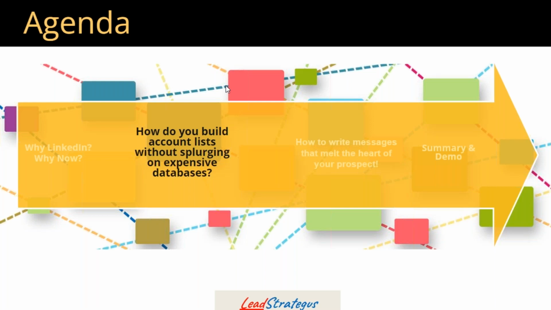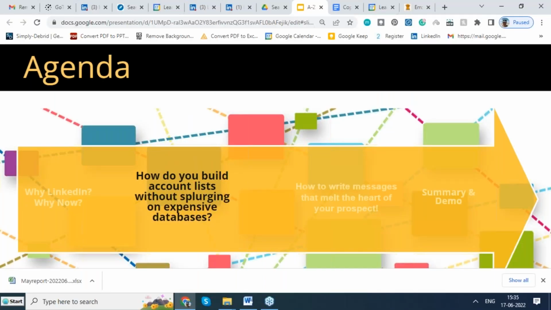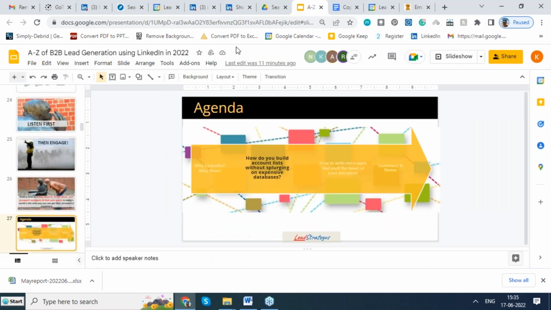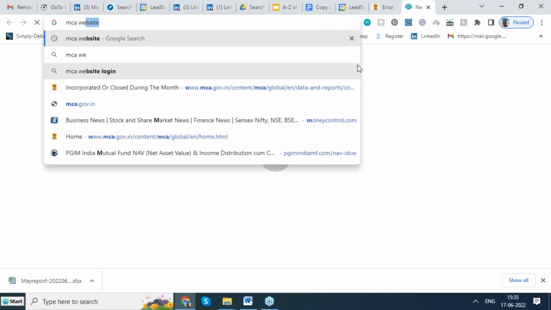Before I jump into this section, part of it we looked at from a LinkedIn angle. The other is, if you are selling into India and you want to look particularly at new companies that are launching, there is a free government website called the Ministry of Company Affairs.